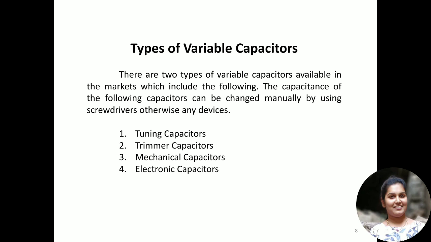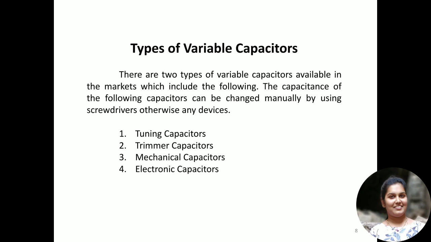The capacitance can be changed manually by using screwdrivers or any other special kind of devices. We can manually change the capacitance. Coming to the types of capacitor, here I have given you 4 different types. We'll discuss all these 4 in detail now.